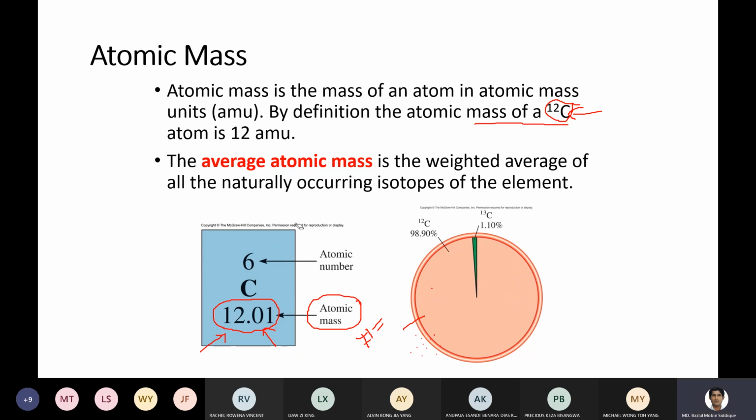If we make a pie chart and statistics, we will see that carbon 12 occurs 99%, only 1% is carbon 13, and a very small 0.001% of carbon 14 occurs naturally, and that is why the average atomic mass is 12.01, very close to 12.